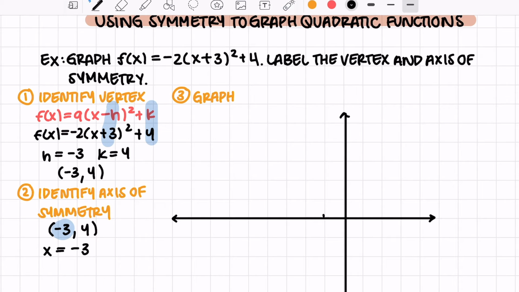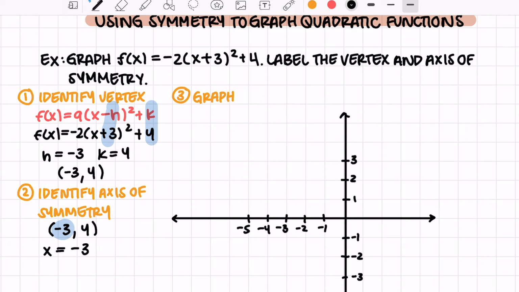Then I just need to label the numbers: negative 3, negative 2, negative 1, 1, 2, and 3, and on the other axis negative 1, 2, 3, 4, and 5.